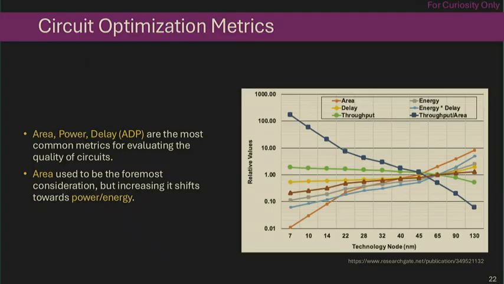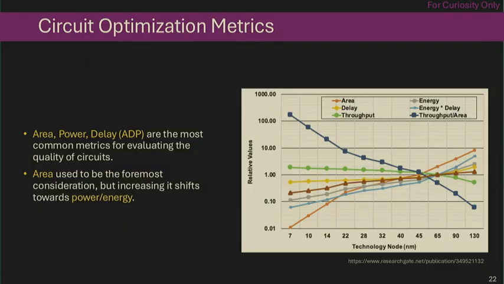What about, let's say, what about energy? Well, energy is going down in this gray line, it's going down, but not as quick as how the area goes down. What about delay? Well, delay is also going down, but it's just barely better than before. So we're not really making our chip much faster, but we're making it a lot smaller and quite a bit power efficient.